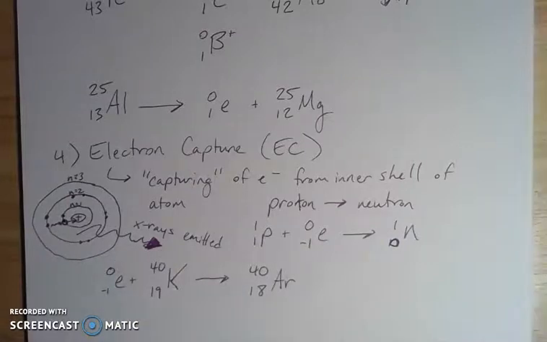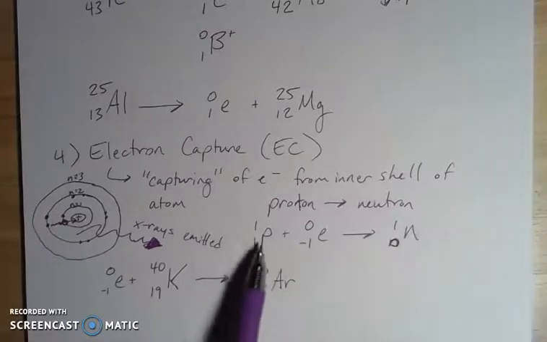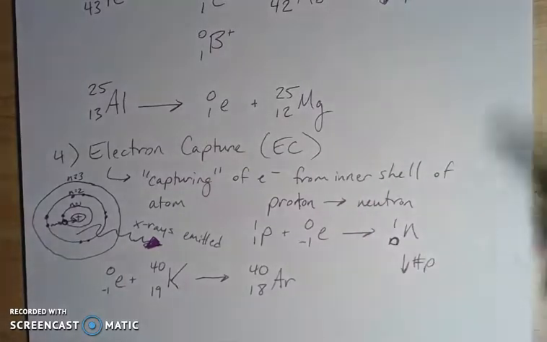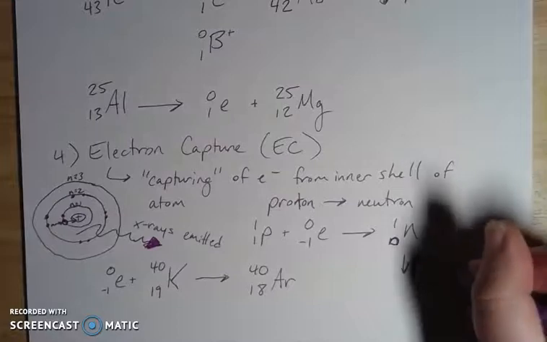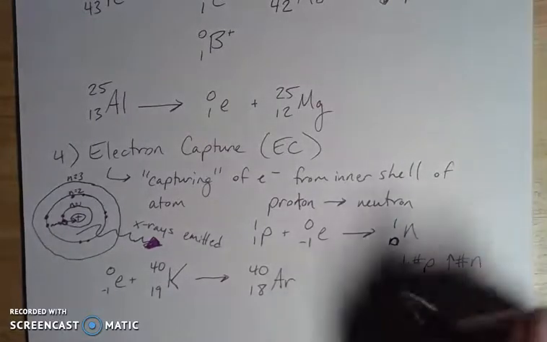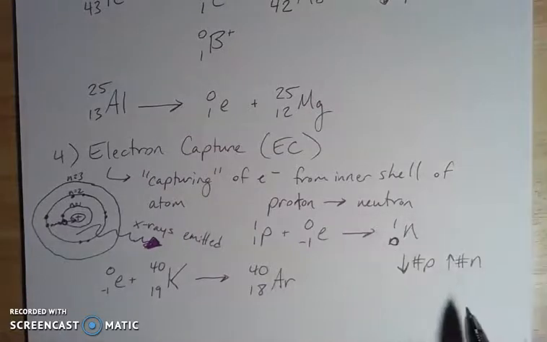So in electron capture, there are a couple of important things going on. One, the proton becomes a neutron. So functionally, we're again decreasing the number of protons. This is why I like to do these two together, because they both have functionally the same features, right? I'm decreasing the number of protons and increasing the number of neutrons, but they're doing it in two different ways.